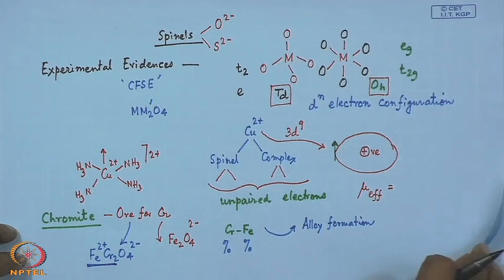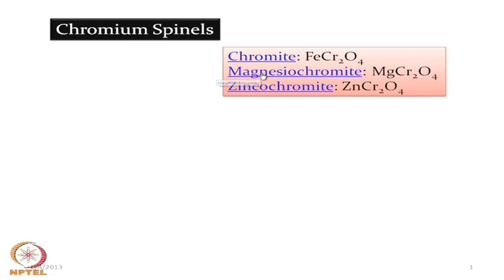So, next we see how within all these chromium based spinels we can have other metal ions such as magnesium or zinc. When magnesium is present we get magnesiochromite, because the basic infrastructure for this network is based on chromium and oxygen.